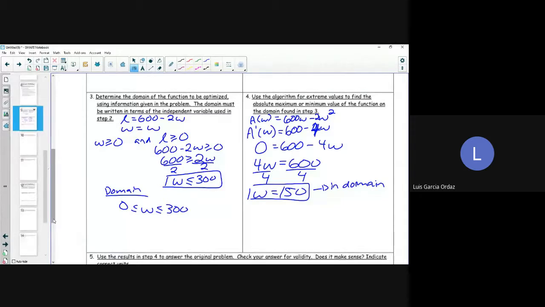So now I have to evaluate my area at the certain w value. So I know my area at 150 is equal to 45,000 meters squared. If I take my area at 0, I get 0 meters squared, and my area at 300 is equal to 0 meters squared.